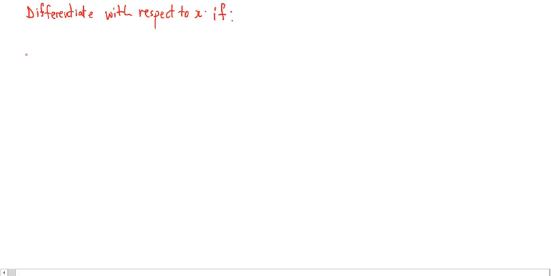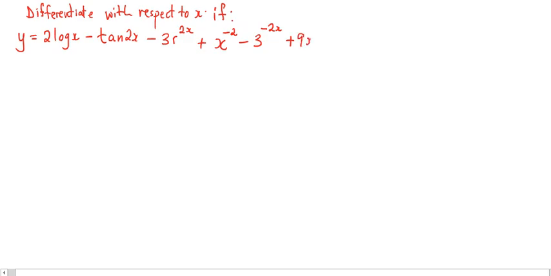We've got a long one. y is given as 2 log x minus tan of 2x minus 3 r to the power of 2x plus x to the power of minus 2, sorry, minus 3 to the power of minus 2x plus 9x plus 6. Quite a mouthful.